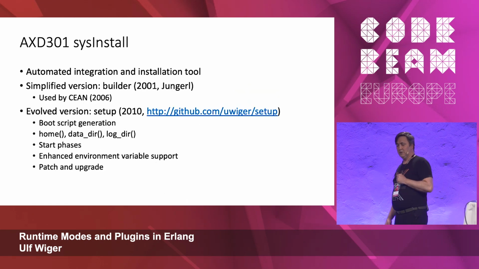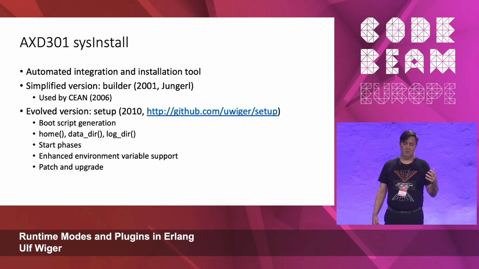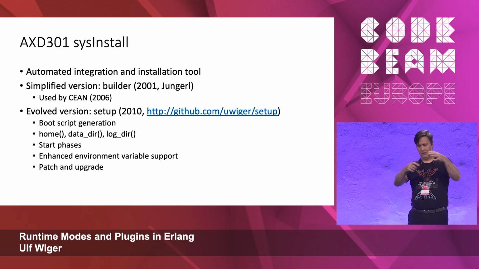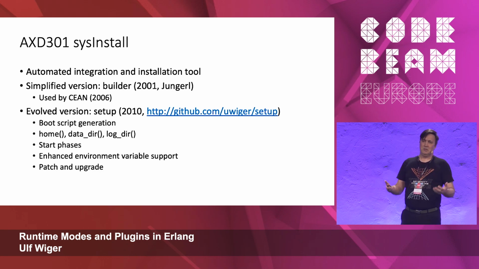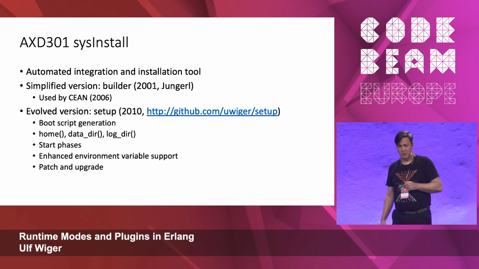We also built an installation tool called sysInstall for AXD 301. It would basically go out and find all the versions and everything and generate the rel files and boot scripts. The stuff that RelX does for rebar programmers nowadays.